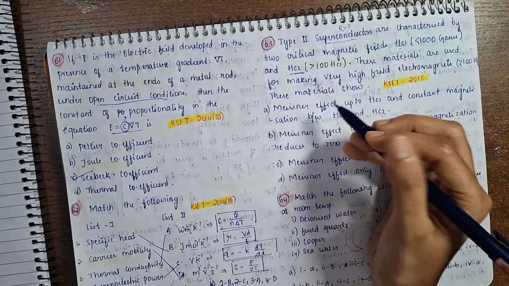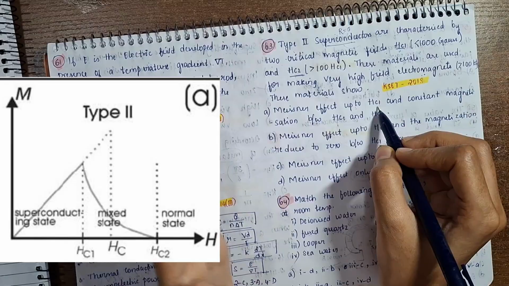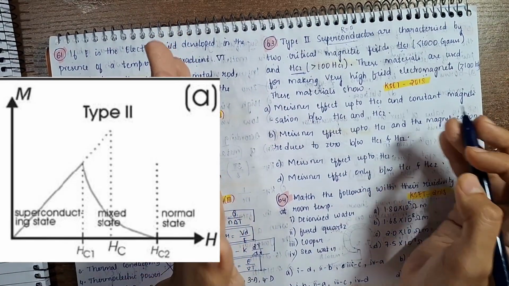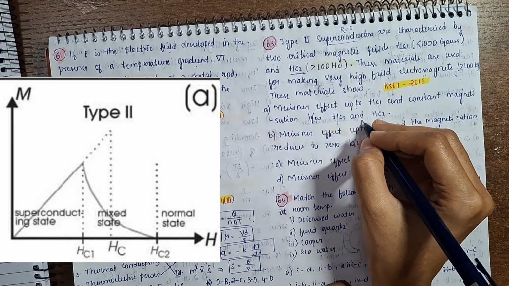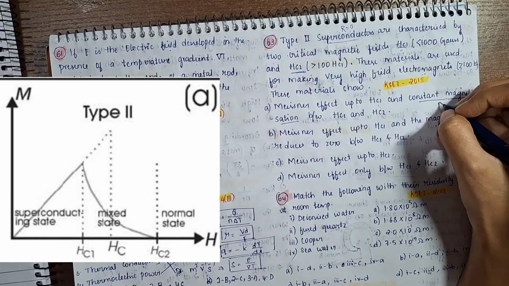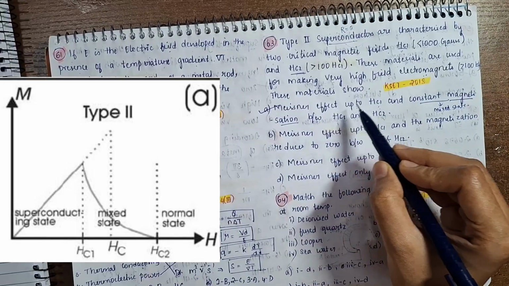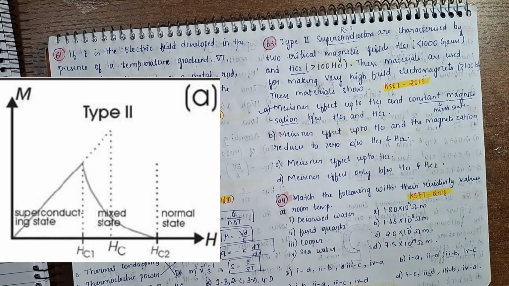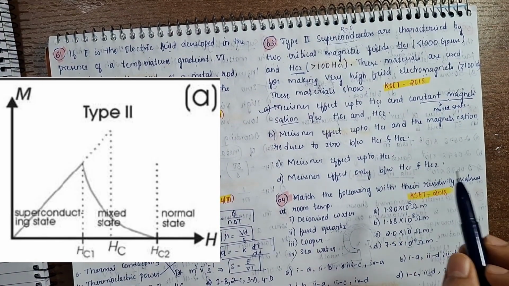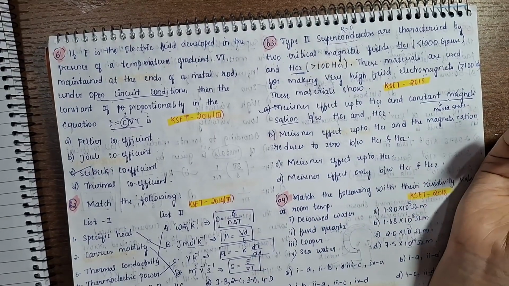They show Meissner's effect up to Hc1 and constant magnetization between Hc1 and Hc2. This constant magnetization is also called mixed state. So option A is correct.